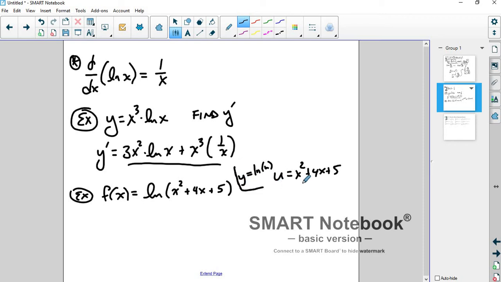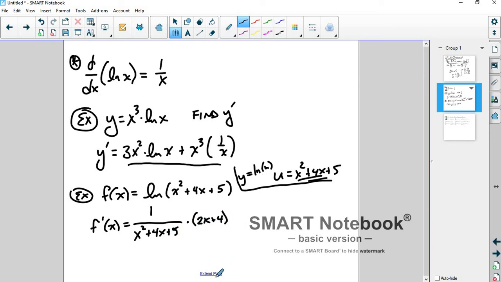And so it's a chain rule, a composition of functions. What's the derivative of the natural log of u? 1 over u. So the derivative of natural log of stuff is 1 over the stuff, x squared plus 4x plus 5. And then, of course, we multiply by the derivative du of the stuff, and that stuff is 2x plus 4.